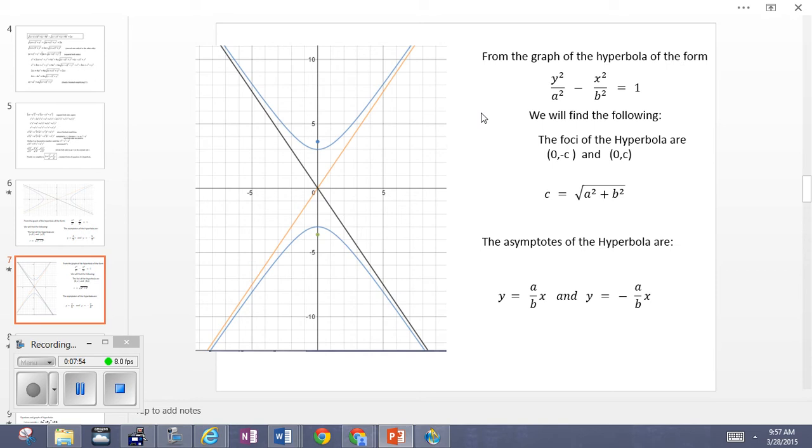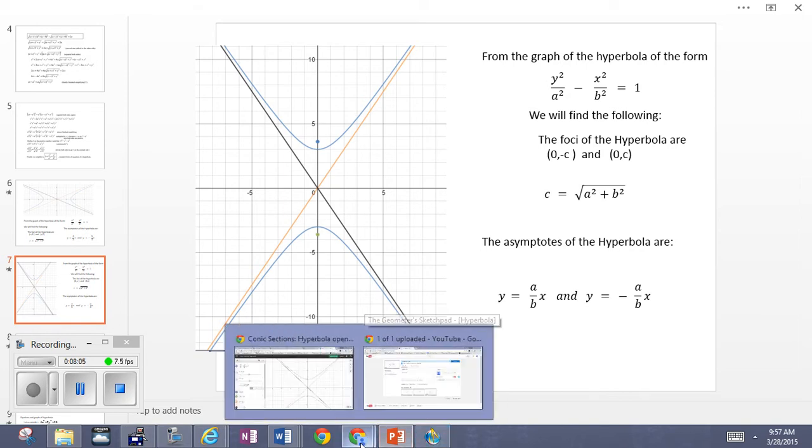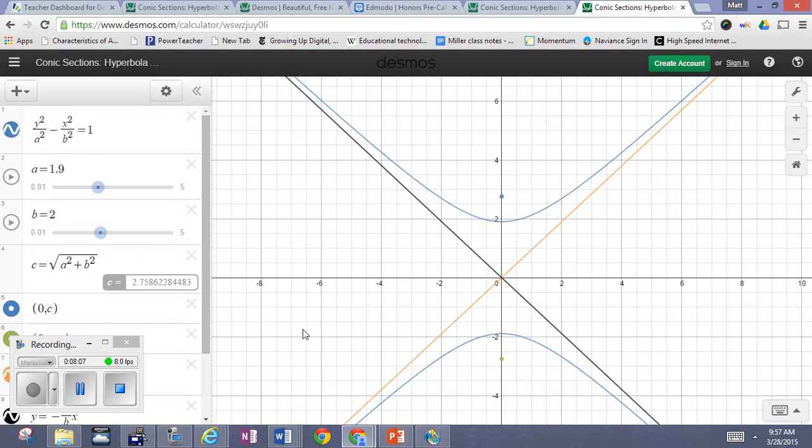By default, we're not going to have any x-intercepts, so it's going to open up vertically. Here is our hyperbola of that form.